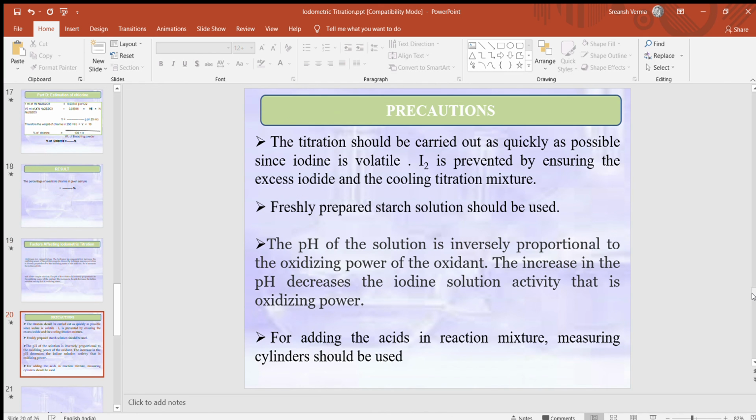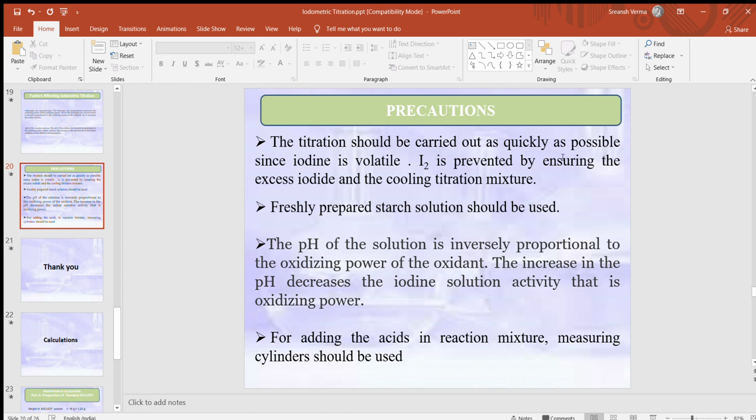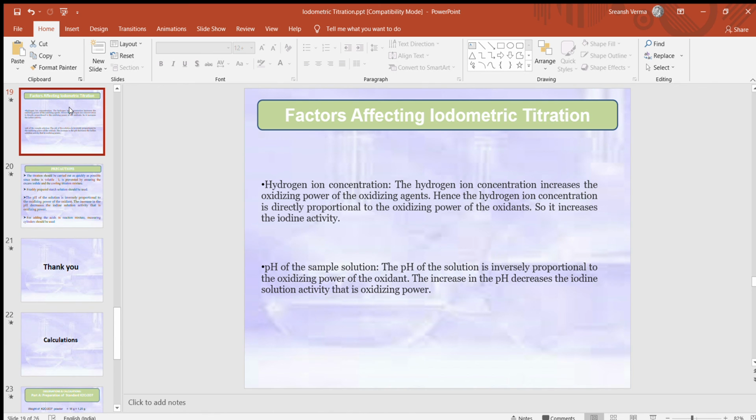So this is all the explanation of the experiment, the theory part, and there are two more things which I want to focus on. The factors which actually affect the iodometric titration. Number one is the hydrogen ion concentration. The hydrogen ion concentration increases the oxidizing power of the oxidizing agents. Hence, the hydrogen ion concentration is directly proportional to the oxidizing power of the oxidant. So it increases the iodine activity.